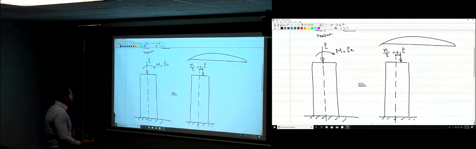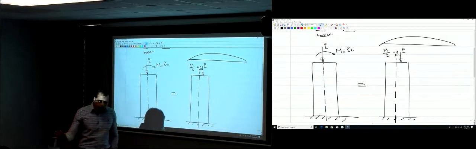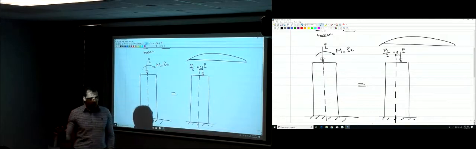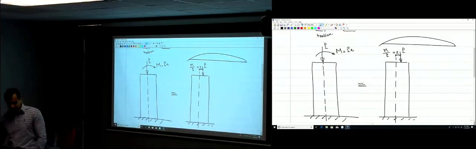If there is no moment, then this P, this axial force, will give you uniform strain. This is the definition of the plastic centroid.